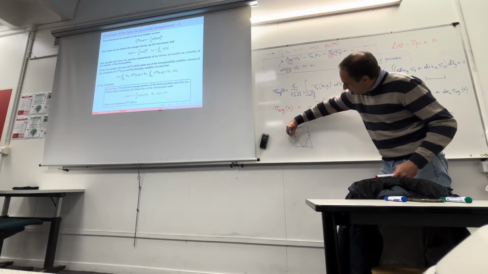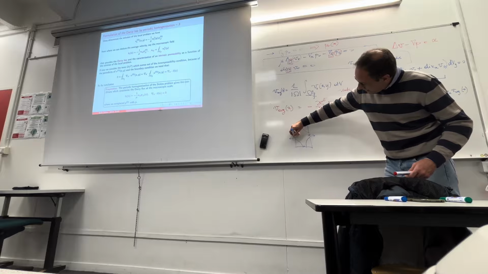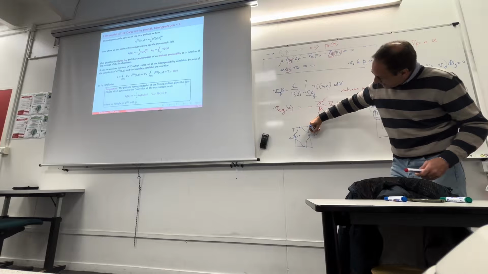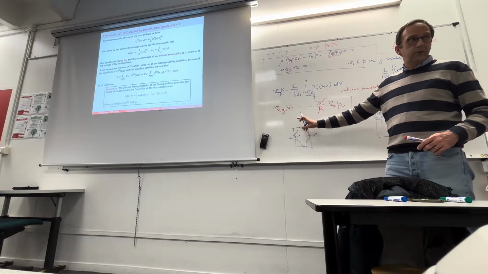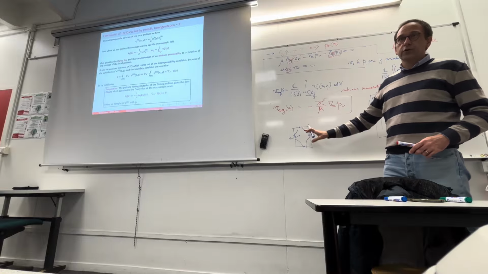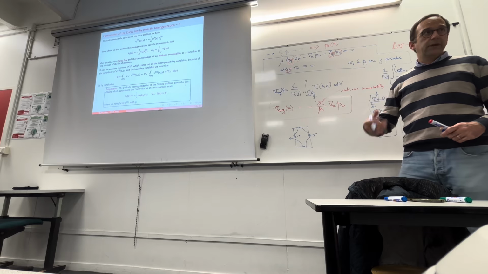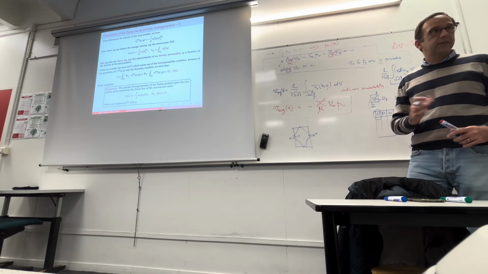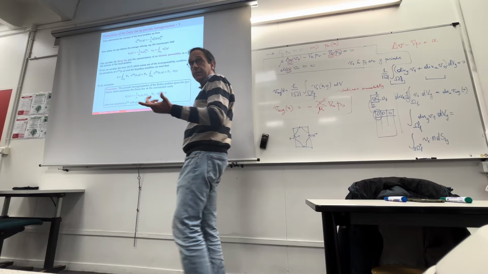The normal here is like that and here like this, but the velocity is exactly the same, and the same on the other side. So the contribution of the external boundary is 0. The contribution of the internal boundary, if there is any, is 0 because we have the no-slip condition.